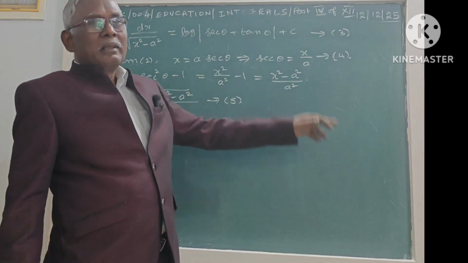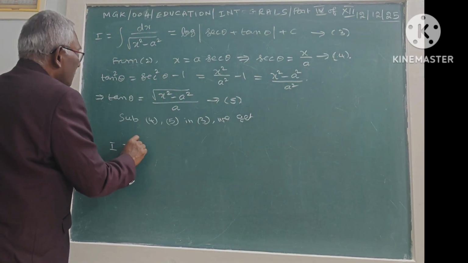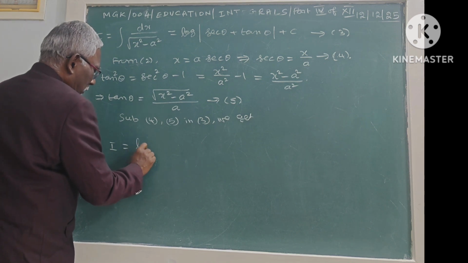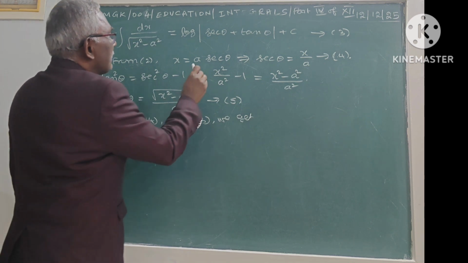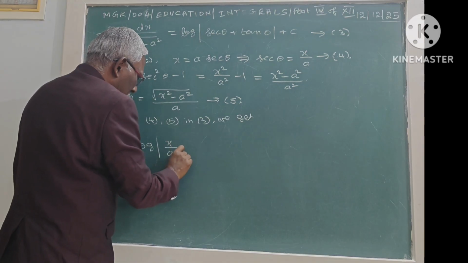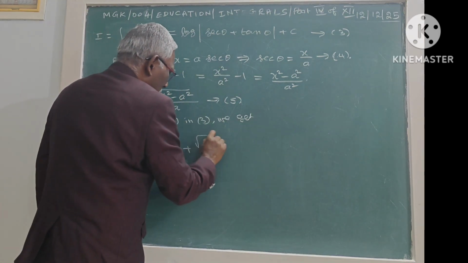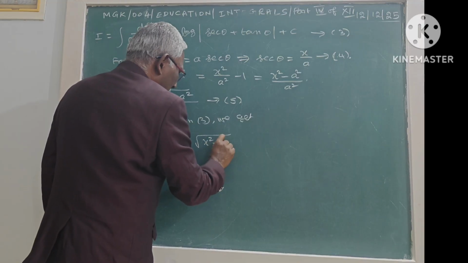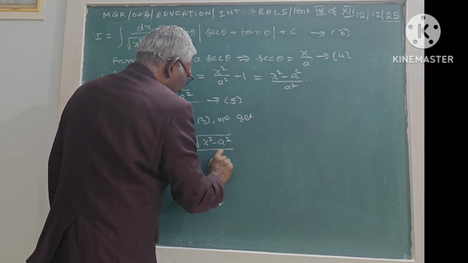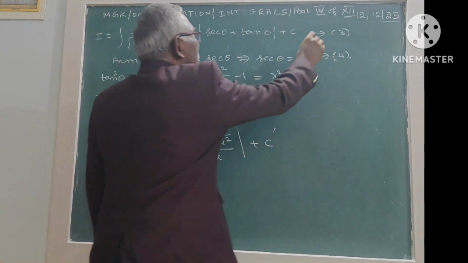Substitute 4 and 5 and 3. We get is equal to log of secant theta is x by a. Tan theta is nothing but square root of x square minus a square by a, plus constant c dash.